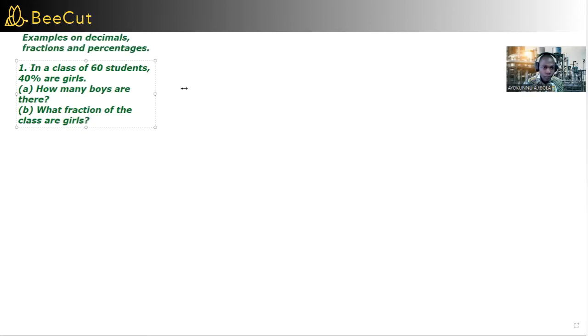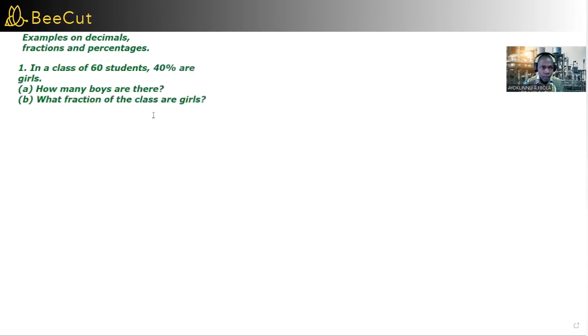Now the person to answer this question is Erin. Erin, unmute yourself now and ensure that there is no noise around you. Then tell me how you think the question should be solved. Over to you, Erin.